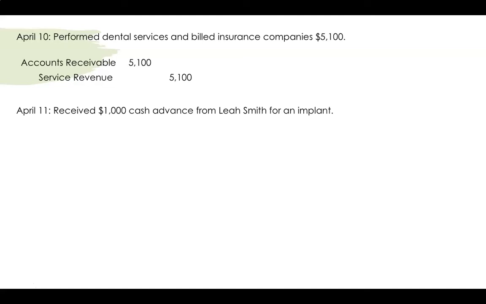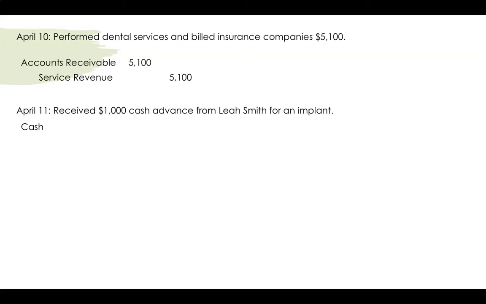On the 11th, we received $1,000 cash advance from Leah Smith. So we're getting money now, and we will do the work later. So how are we going to journalize this one? Well, first we need to show that we're getting that money now, right? So we debit our cash.